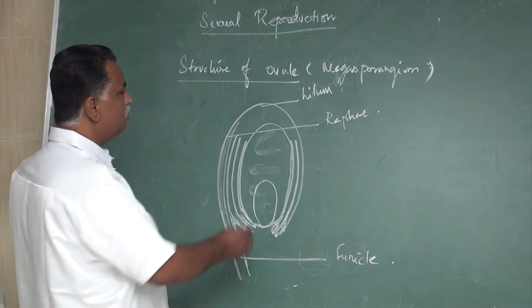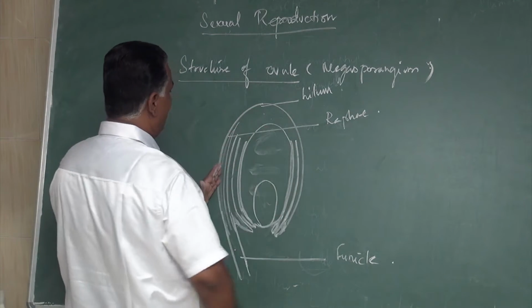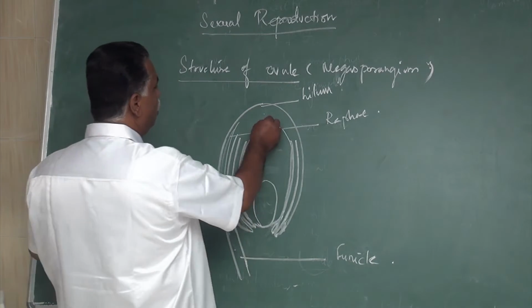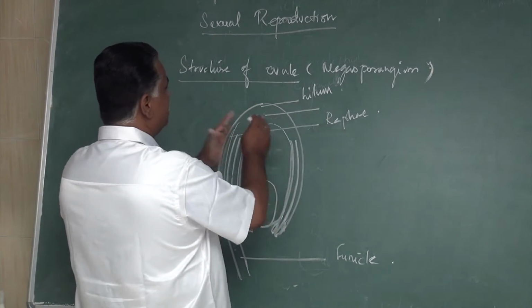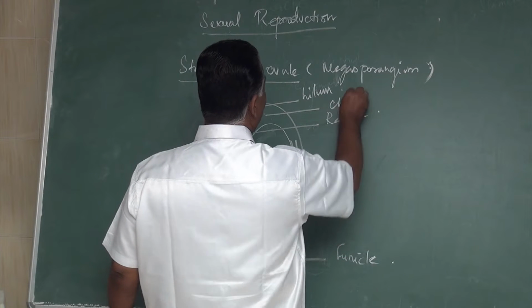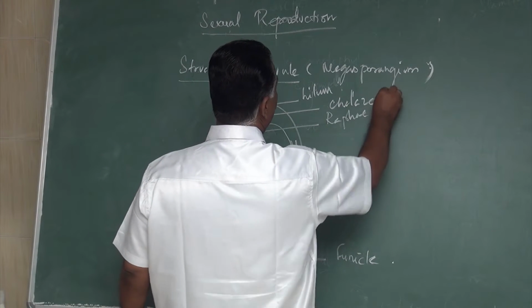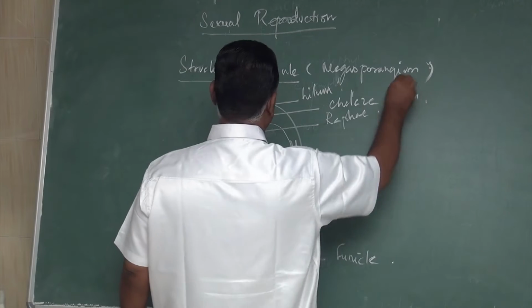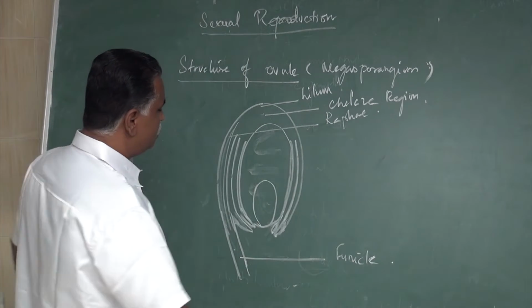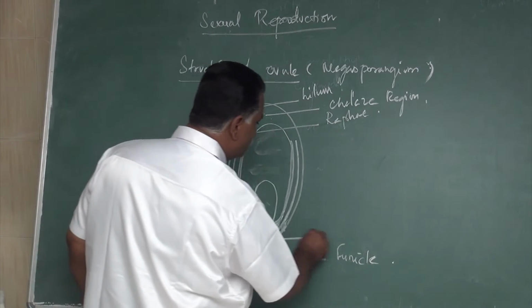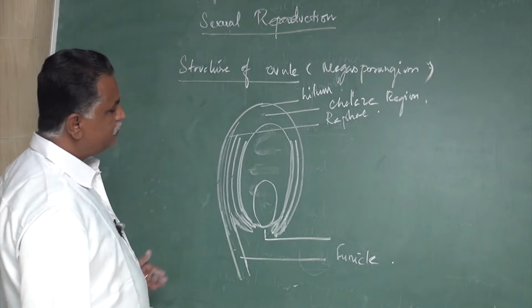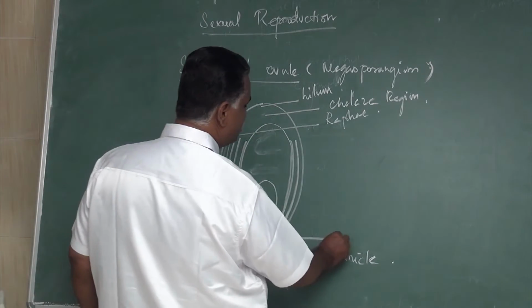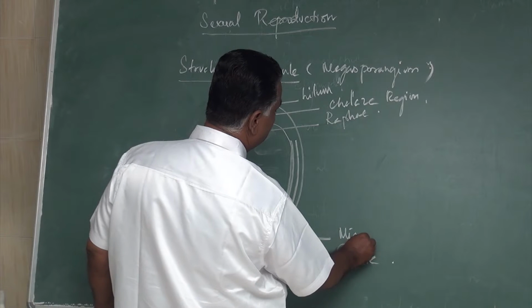At the basal part, the integument, the hilum and the funicle are all merging in one place. That area is called the chalazal region. Quite opposite to that, there is no integumentary covering, and that part is called the micropylar region.